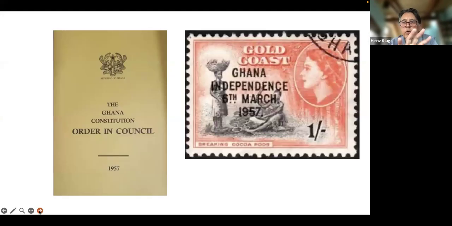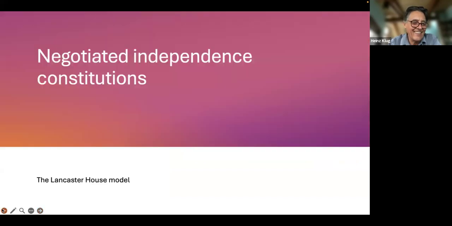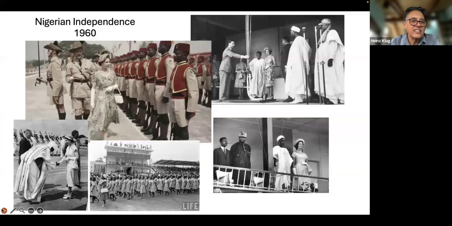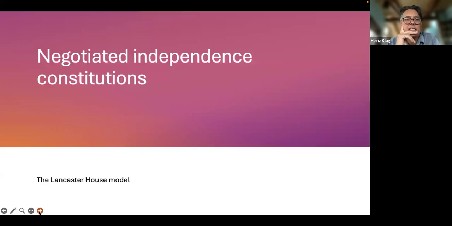So those are those pre-independence constitutions. And then there are the independence constitutions. And the independence constitutions are often termed the Lancaster House constitutions.